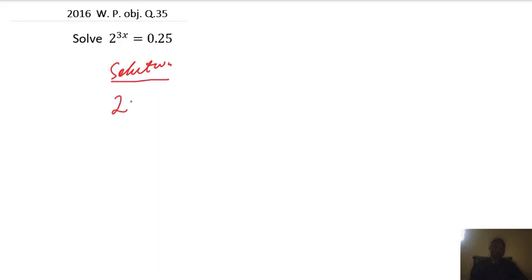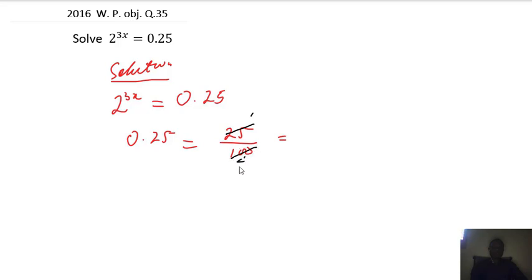We have 2 exponent 3x equal to 0.25. Okay, 0.25 can be written in fraction form as 25 over 100, and 25 will go into 100 four times, which is the same as 1 over 4.